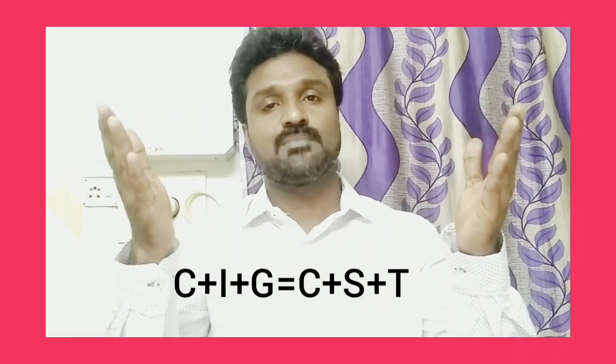We also know that the components of aggregate supply are C plus S plus T. Therefore, C plus I plus G equals C plus S plus T. We exclude the consumption, so I plus G, investment and government expenditure, equals saving plus taxation. So this approach is called the saving investment approach.